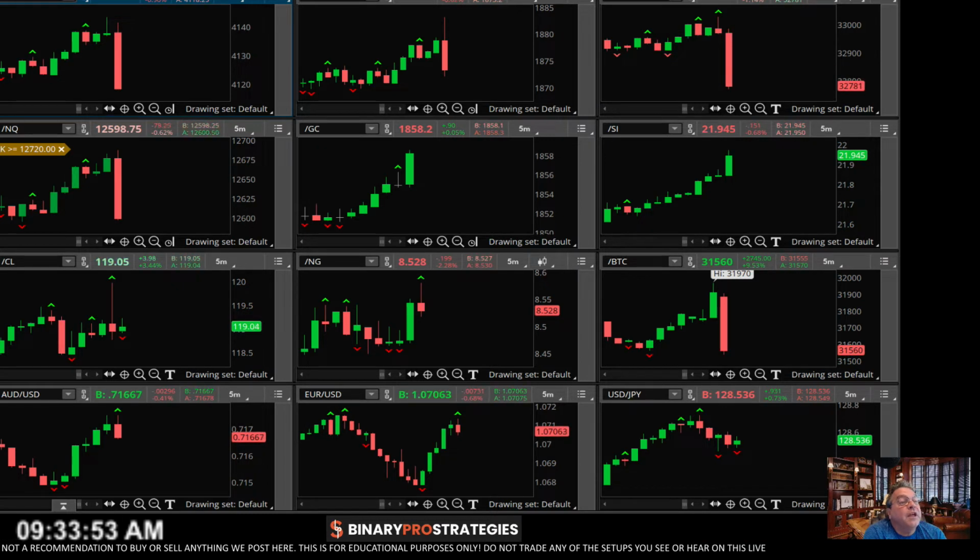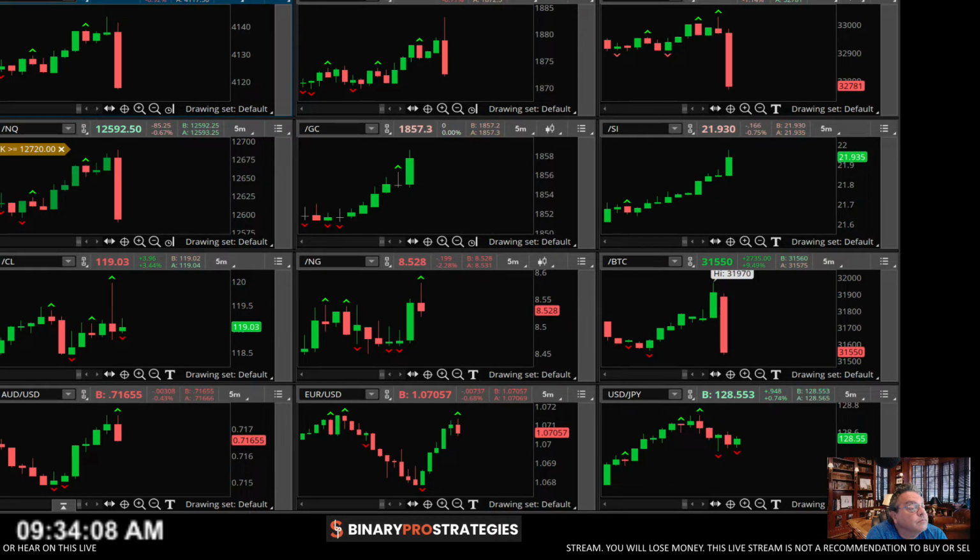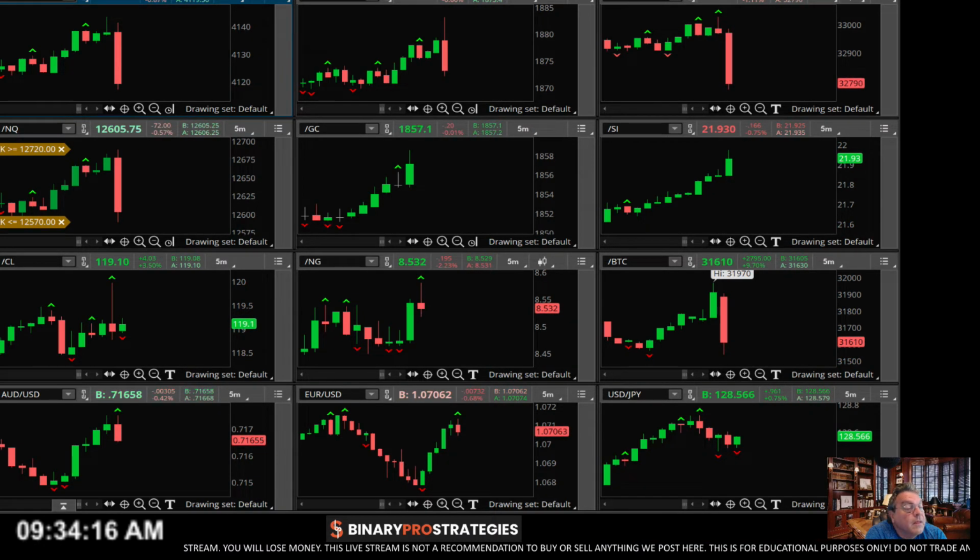Okay, so NQ, which is your mini NASDAQ, is short. Target on that is going to bring you down to 12570. 12570 is going to be your target on NQ.